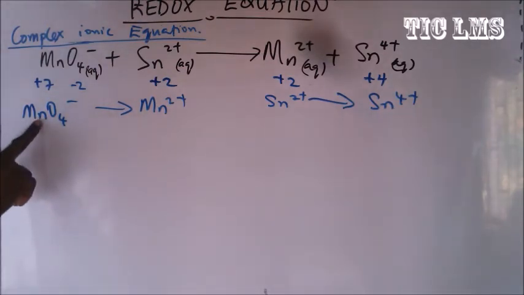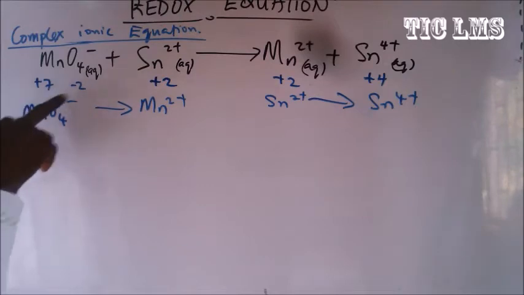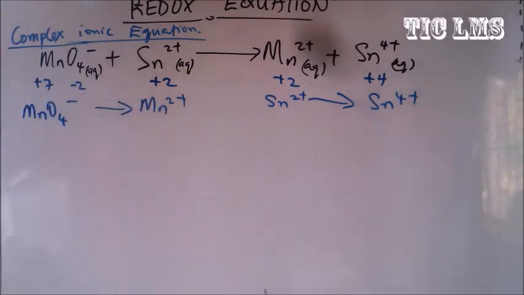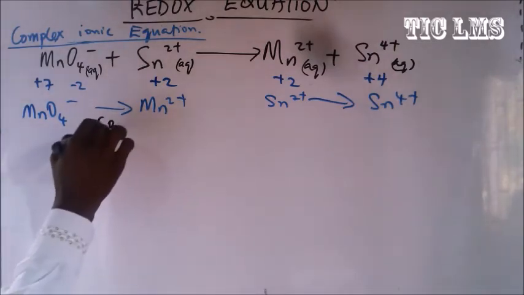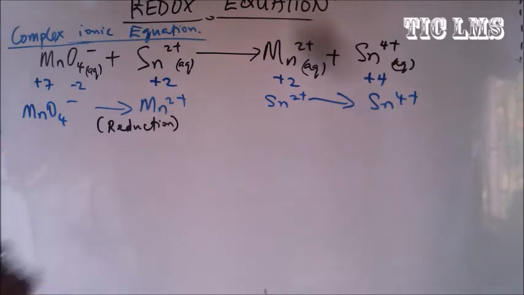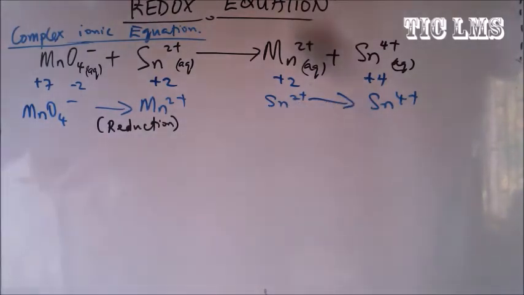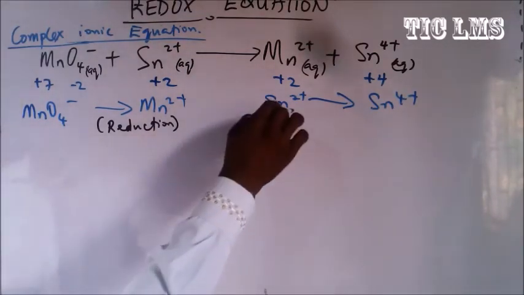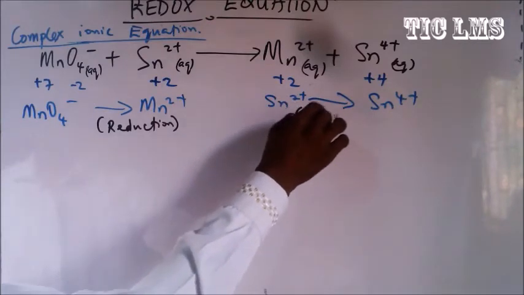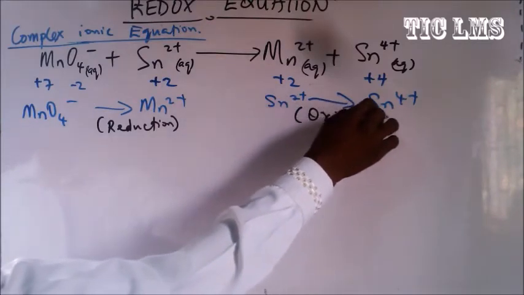It gained electrons, so that's why it became +2 all the way from +7. And so when it gains electrons, that is reduction. And so we have reduction over here. And then tin has increased from 2+ to 4+. And with that, it means that tin has lost 2 electrons. So we have that as oxidation, because oxidation is loss of electrons.